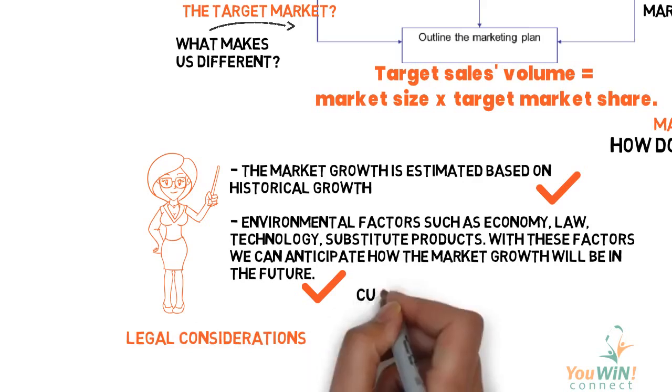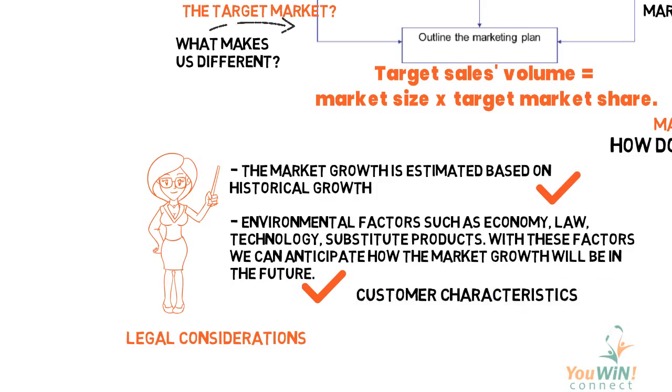Let's look at customer characteristics. The questions that we would ask ourselves is, who are the customers that we're targeting to buy our products? There are many people involved in the buying process.